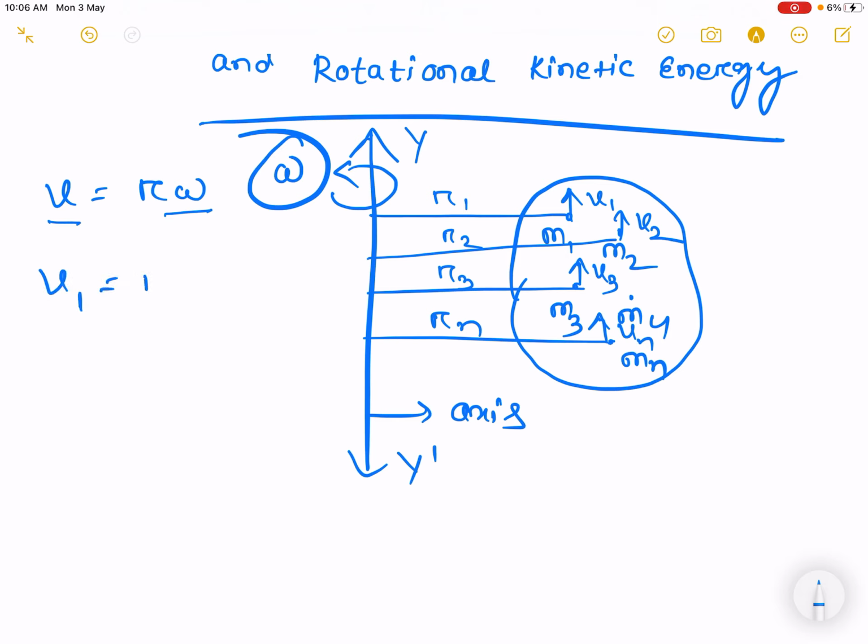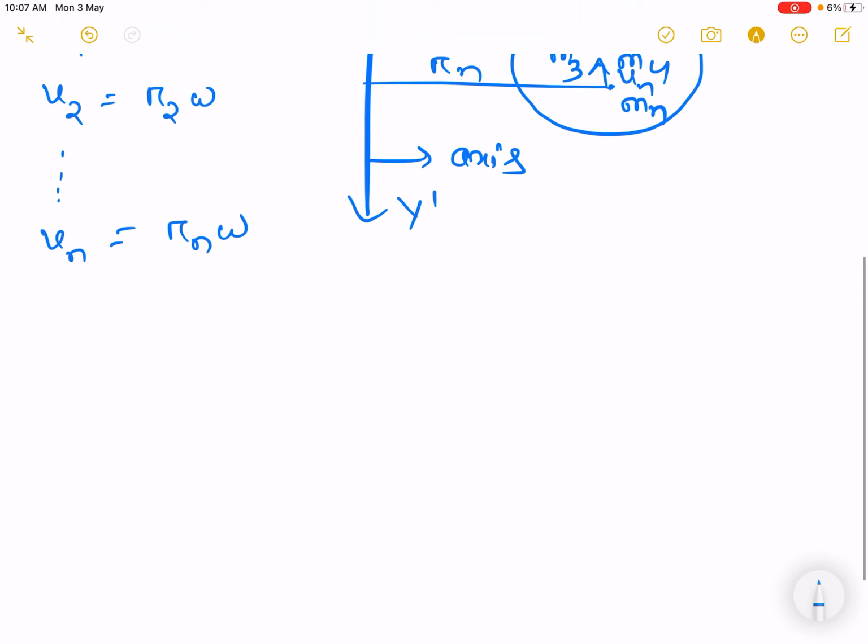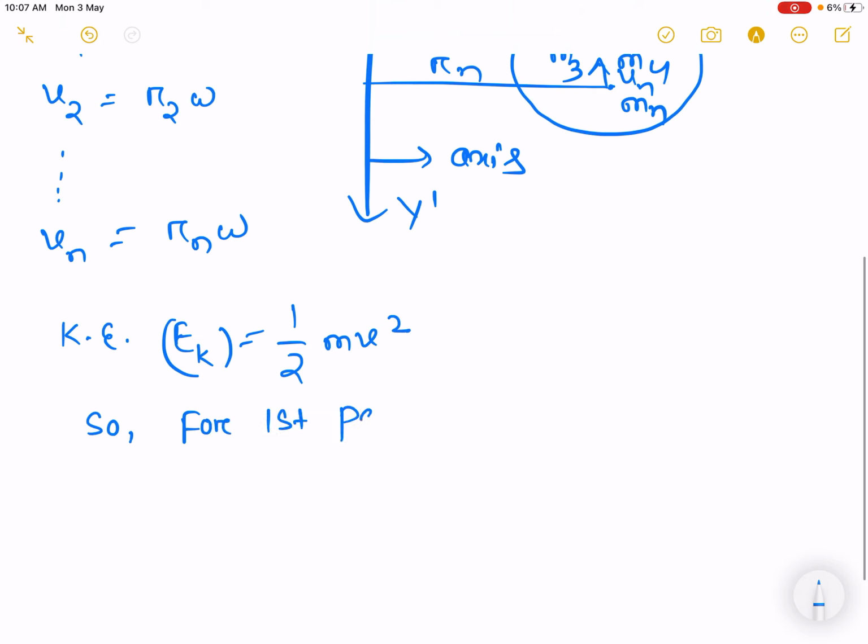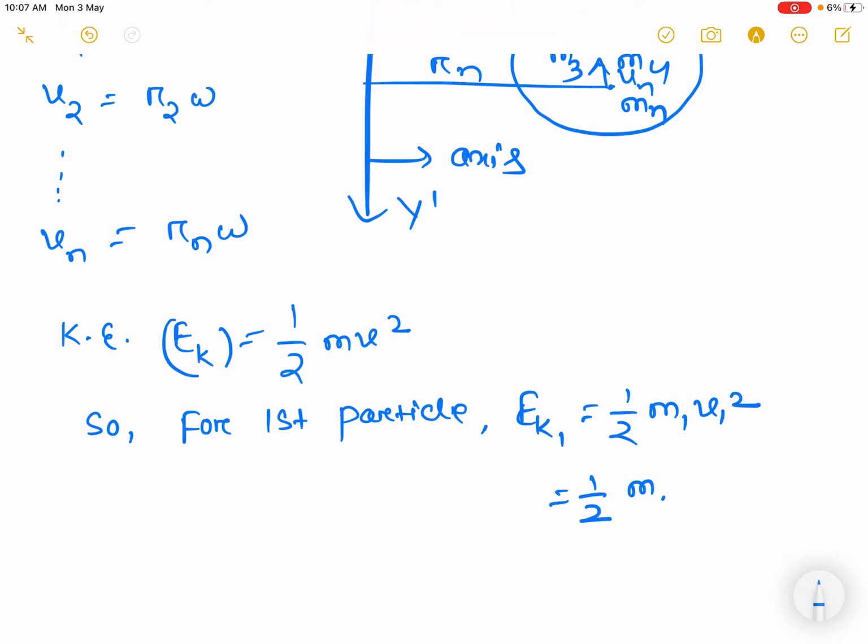Now for the first particle the velocity is r1 omega, for the second particle the velocity is r2 omega, up to the nth particle whose velocity is rn omega. We know the formula of kinetic energy Ek equals half m v square. So for the first particle, Ek1 equals half m1 v1 square equals half m1 r1 square omega square.